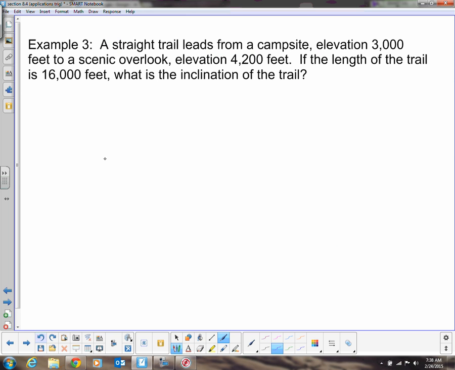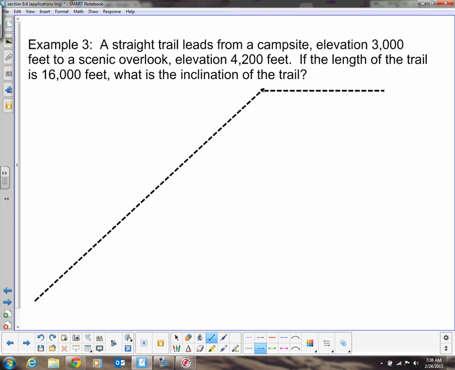All right. A straight trail leads from a campsite, elevation 3,000 feet, to a scenic overlook, elevation 4,200 feet. So where is this campsite? Put it at the bottom right. It's 3,000 feet up. Right? So let's mark, this is the campsite.